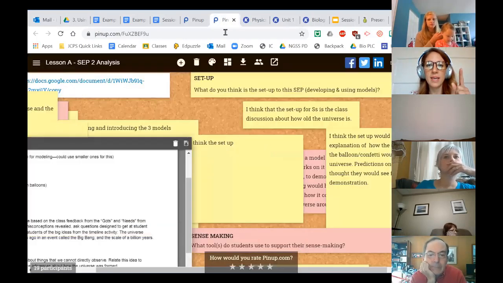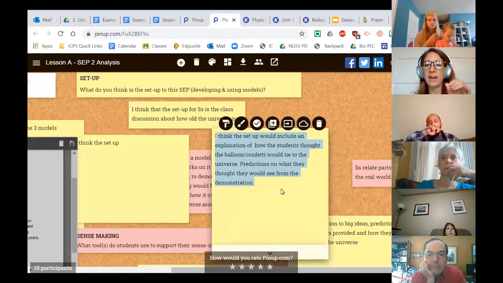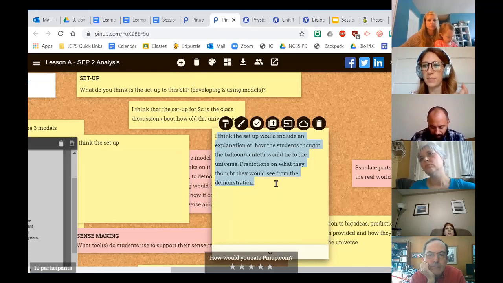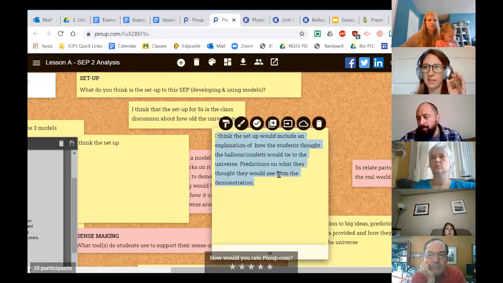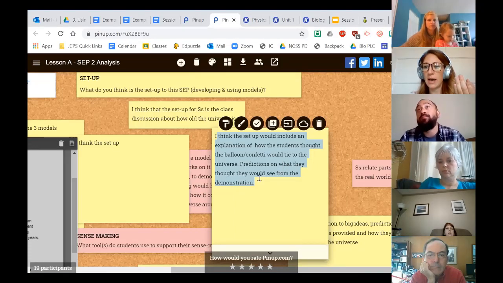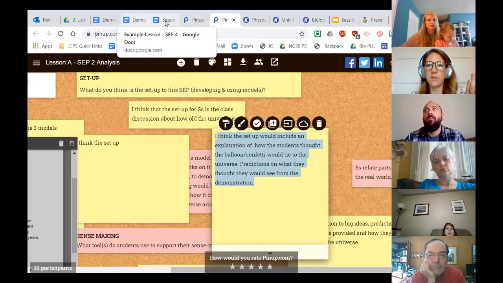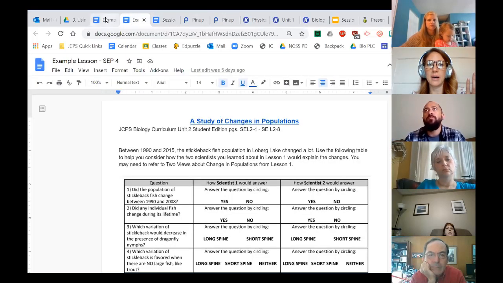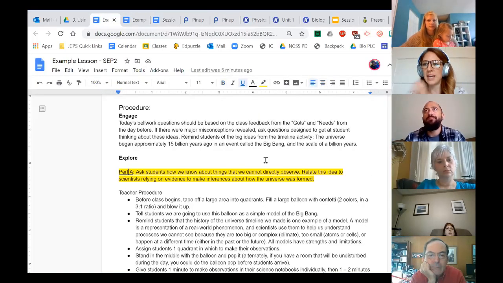However, on the pinup, somebody said, I think the setup would include an explanation of how the students thought the balloon or confetti would tie to the universe, predictions on what they thought they would see from the demonstration. That is an excellent addition to the setup that I would agree needs to be included. The setup as it is right now does not fully link the activity with the purpose within the storyline, right?